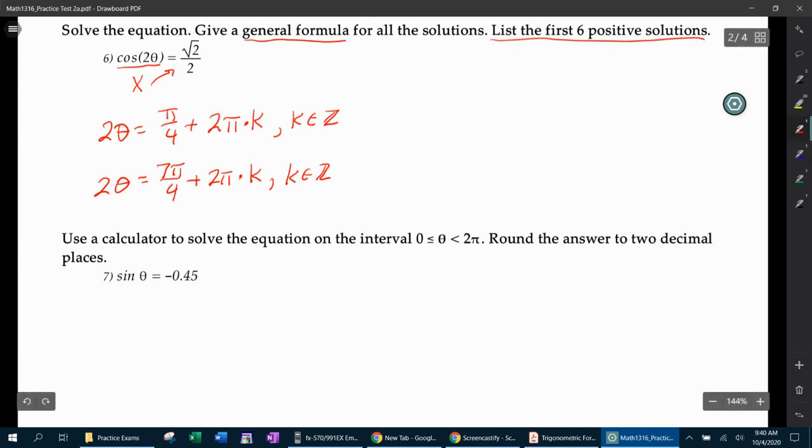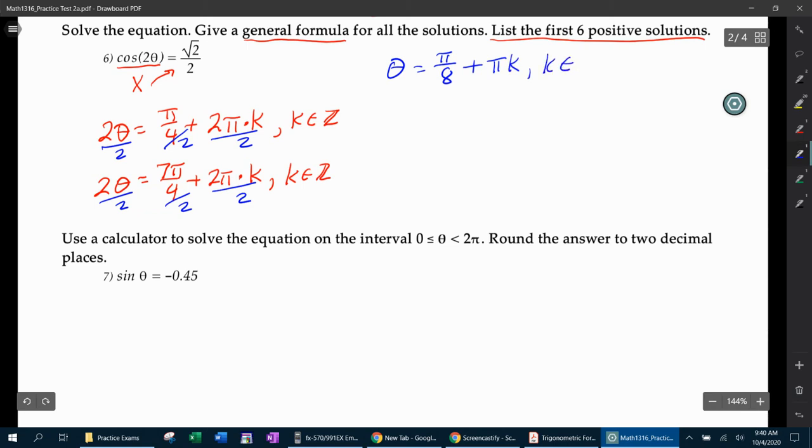So to solve these for theta, we're going to have to divide by 2 all the way through for both of those, okay? So for the general solutions for theta, we're going to have pi over 4 over 2, which is pi over 8, plus pi k.